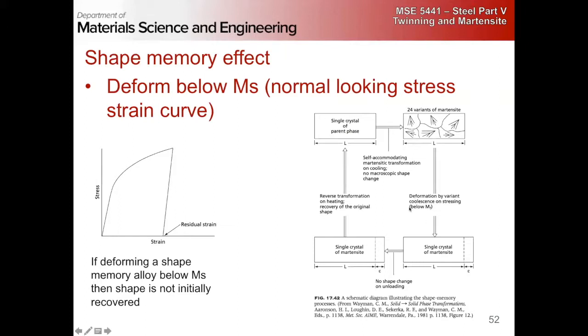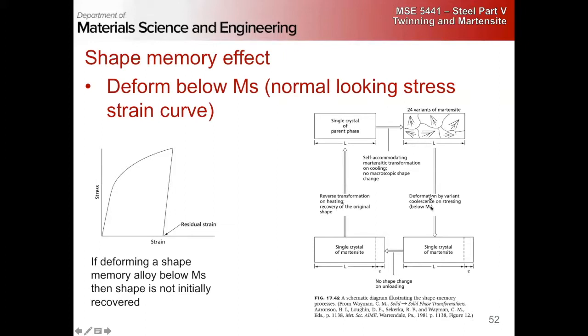And then we can deform it if we're below the Mf temperature, and we get variant coalescence on stressing, right?